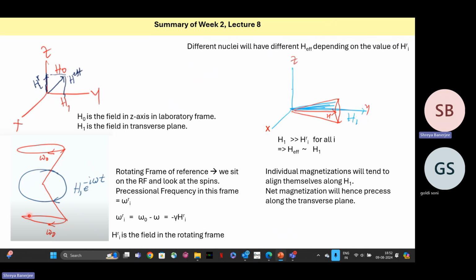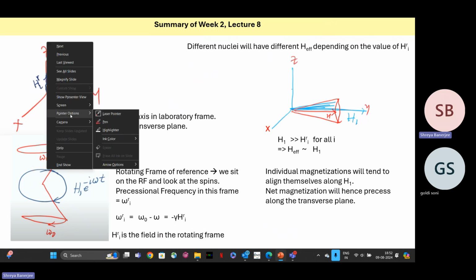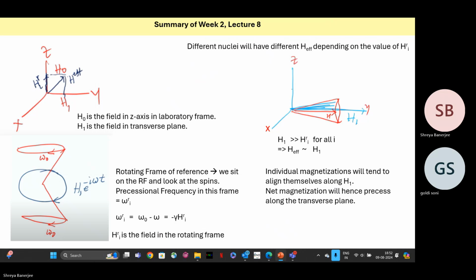The Larmor precession that we learned about has a frequency of omega naught. So this kind of cone is formed, and the magnetization moves around the cone in a precessing motion called the Larmor precession, and this has a frequency omega naught.